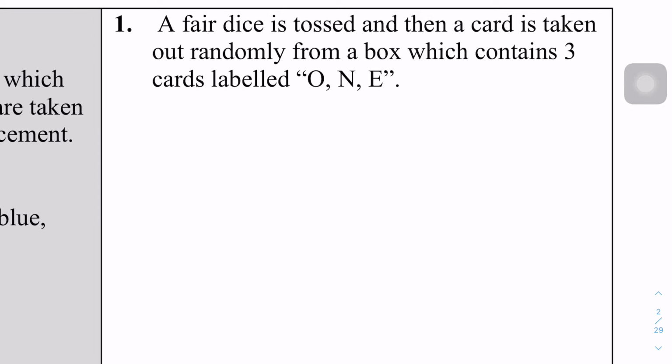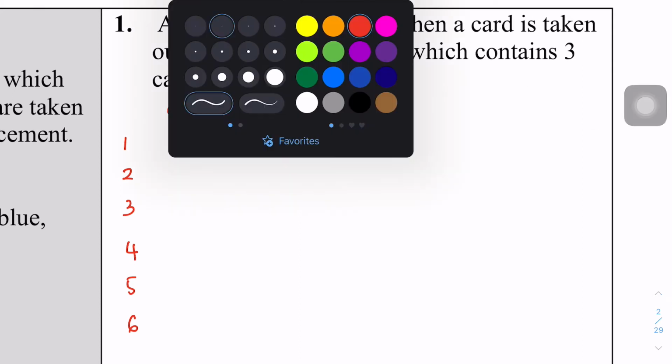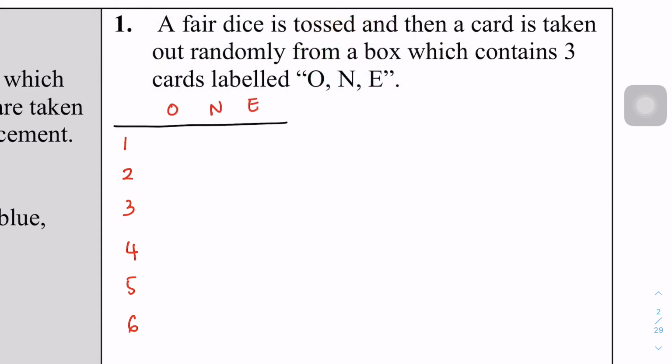Let's look at how we use the grid. The dice has 6 faces, so we write 1, 2, 3, 4, 5, 6, and then there are 3 cards in that box: N, O, E. Then we can draw the grid.